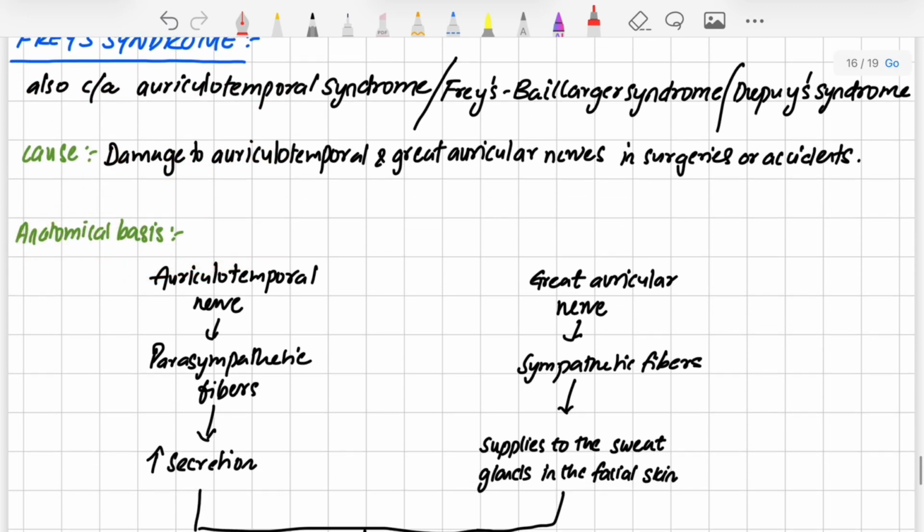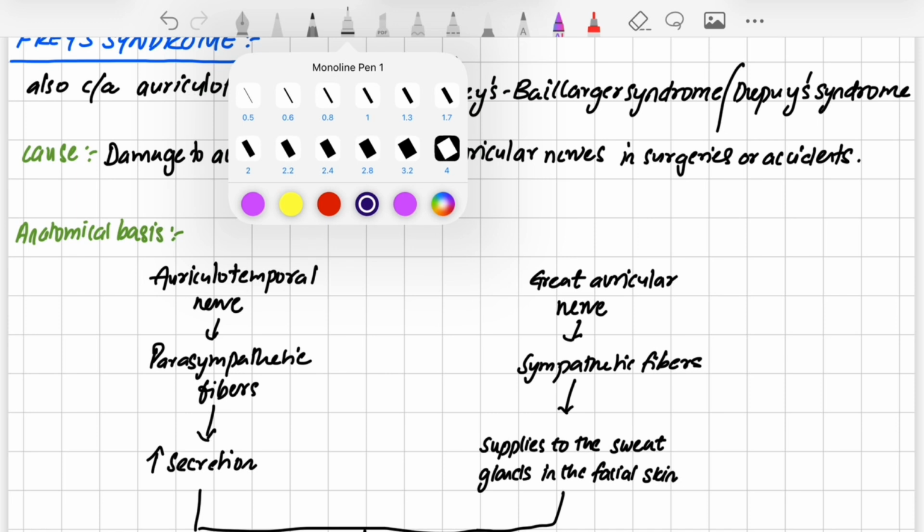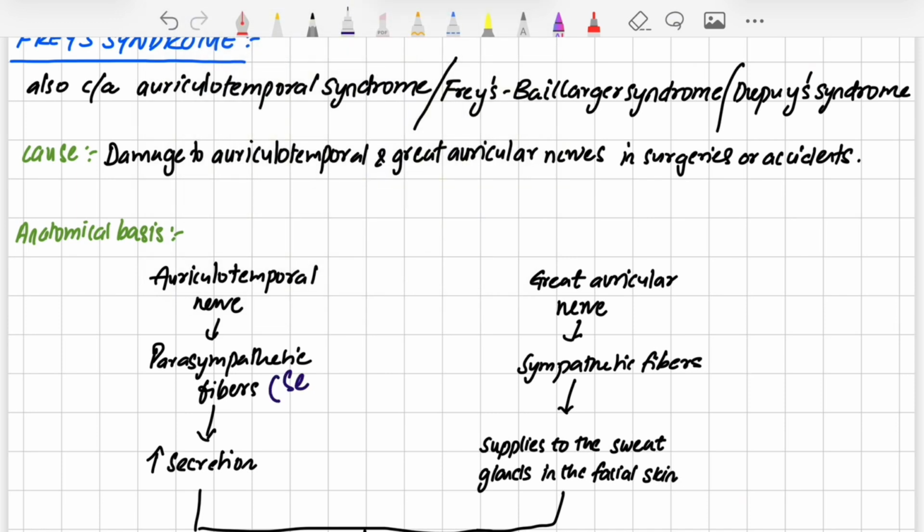Now what is basically the anatomical basis of Frey's syndrome? First, the auriculotemporal nerve supplies the parasympathetic fibers, which are secretomotor. If you remember, these are secretomotor, right? Next, the great auricular nerve supplies the sympathetic fibers, which are vasomotor.